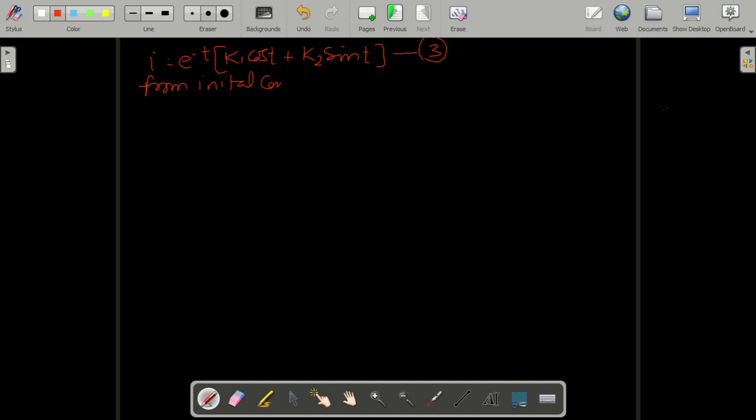What is the initial condition? At t equal to 0, what is our current? i equal to 0.